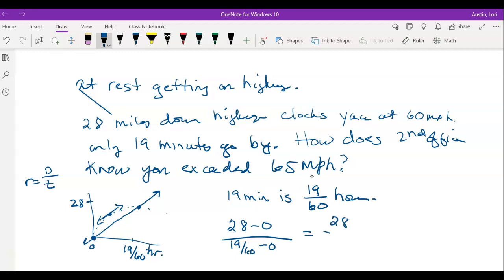So it's 28 over 19/60ths, which everybody knows means what? Right? Give me the number. Yep. 88 point what?